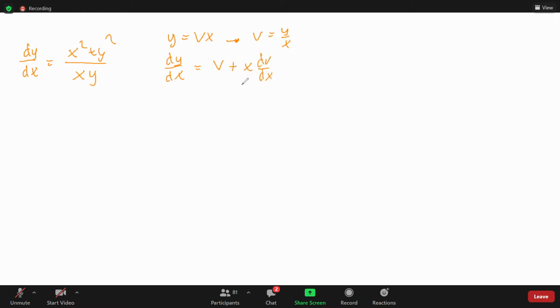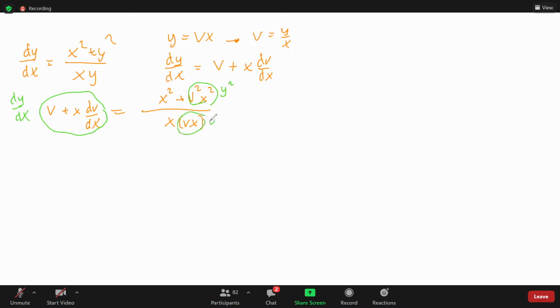So with this substitution, we have v plus x dv in dx is equal to x squared plus v squared x squared over x times vx. Where this here is clearly dy in dx, and here we have y squared, and this is y.